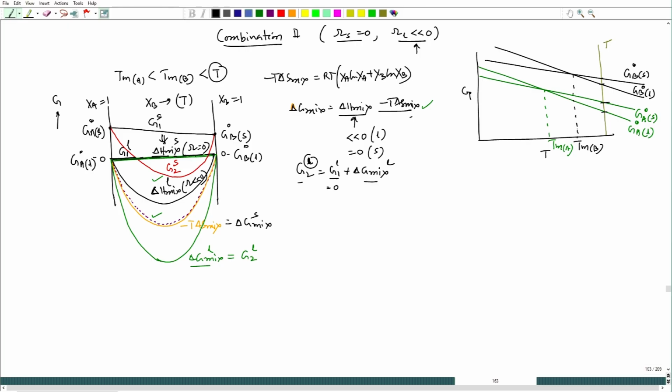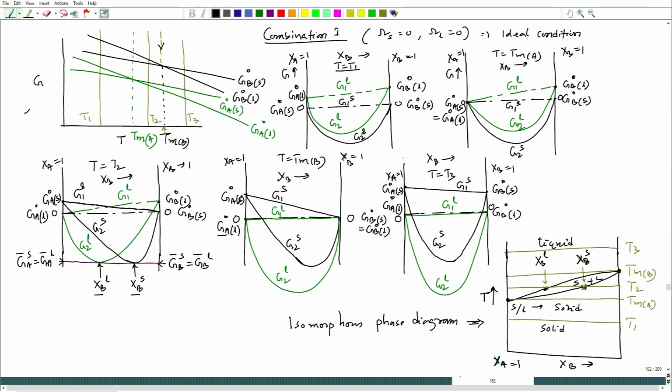So, that is what it is, a G versus composition plot. In the previous case, even if I have not given that indication, please do that, even if I have missed it. The vertical axis is free energy and the horizontal axis is composition. That is what is basically called a free energy composition plot.